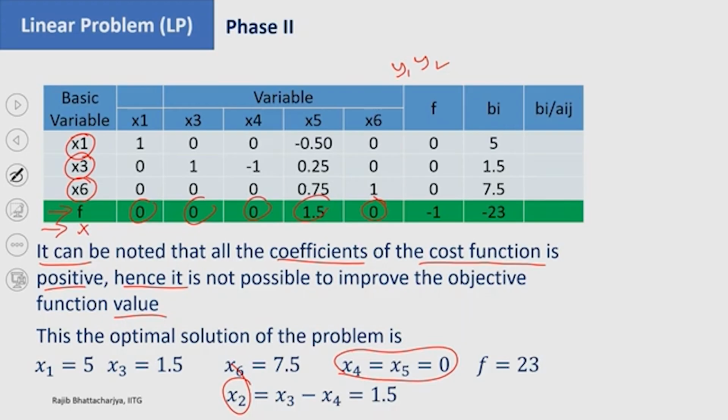So, x 3 is 1.5, x 4 is 0. So, therefore, the x 2 value is 1.5 and the objective function value is 23. So, that is the objective function value. So, we got the solution and we are not getting any improved solution because all the coefficients in the objective function row are positive.